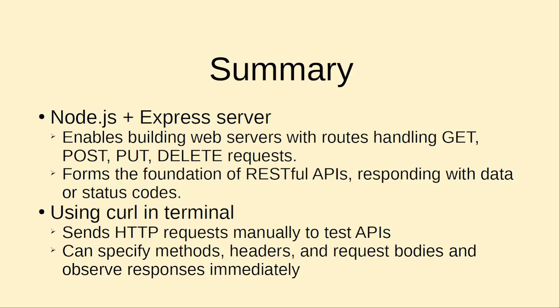To test and interact with these APIs, the curl command line tool can be used in a terminal to send HTTP requests manually, allowing developers to specify methods, headers, and request bodies, and to observe server responses directly.